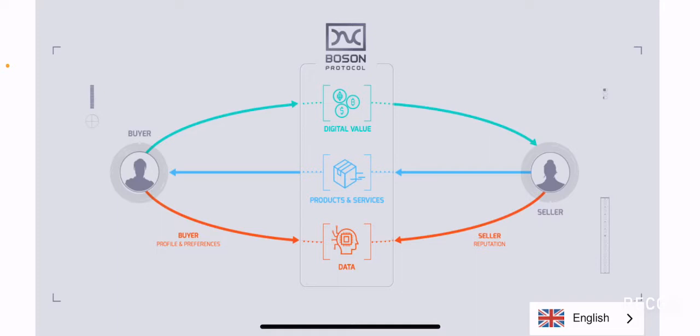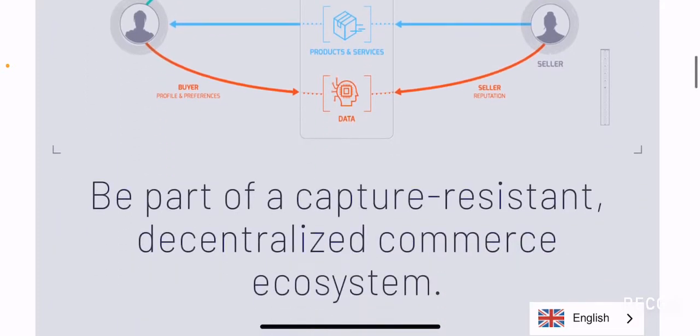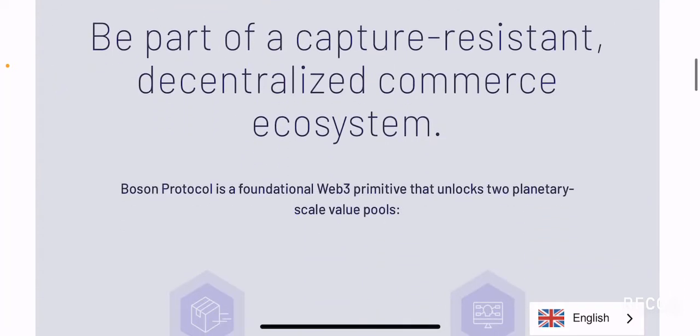Boson Protocol offers this interface where the digital value is transacted between the buyer and the seller, and the products and services pass through the Boson Protocol, as well as the data for transmitting this information, right? So it's basically a marketplace that facilitates, like Amazon, but a marketplace completely built on DeFi, right? That's a very interesting picture that provides at least peripheral information for newcomers to understand this project.